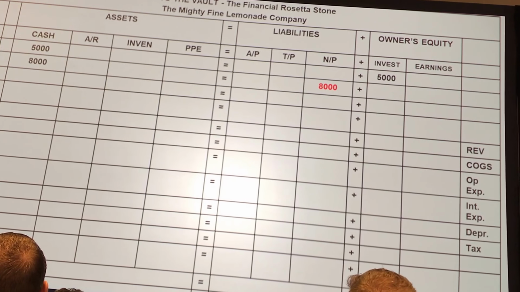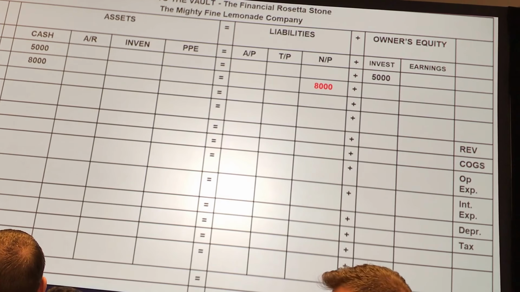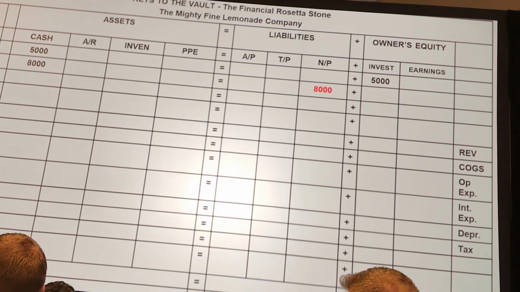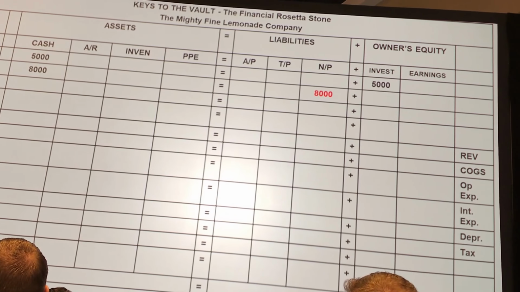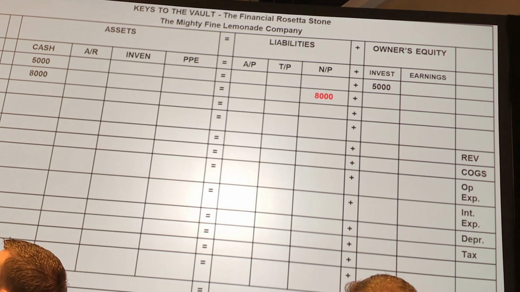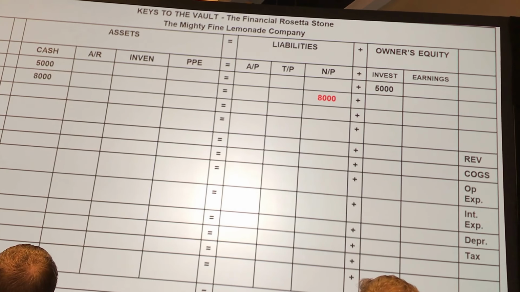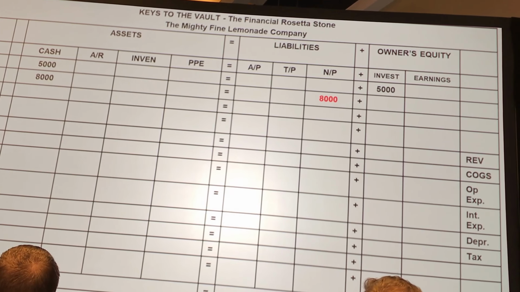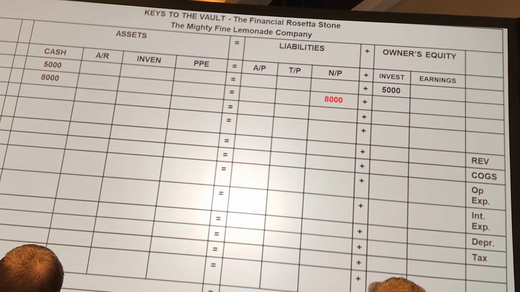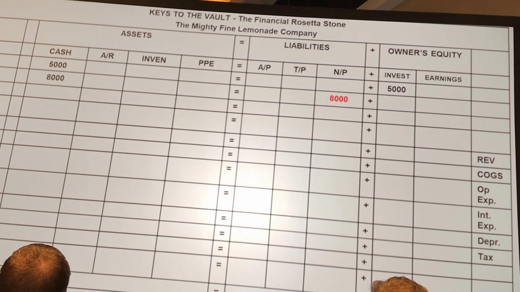So I don't know about you, but when I pay interest, my cash goes down. I'm going to use 800 of my cash, and interest is an expense, and expenses reduce earnings.